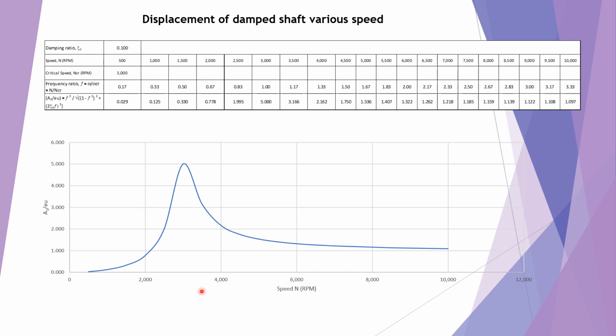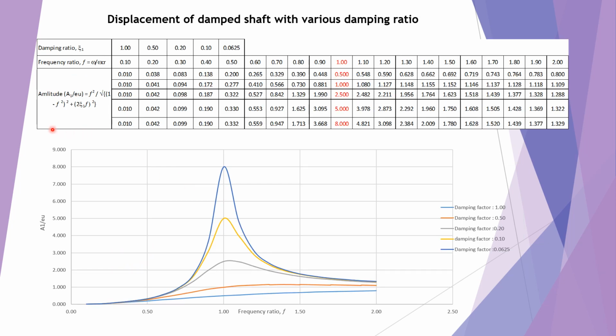With the various speeds, at the critical speed the amplitude is a maximum, and before and after the critical speed it is lower on both ends, so we can say it depends on the damping ratio. The lesser the value, the higher the amplitude of the rotor.